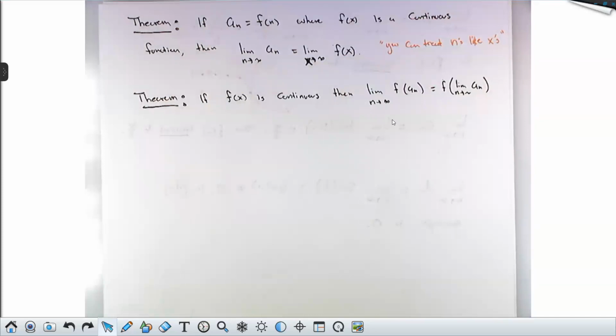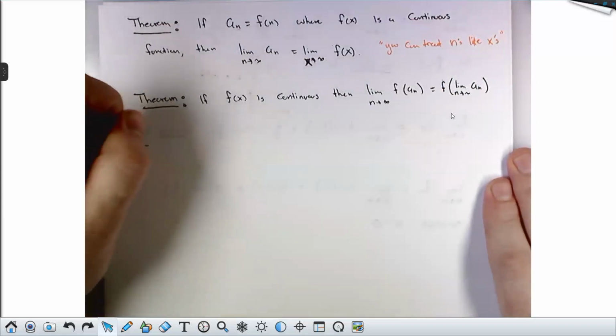Sine is continuous. So you can just take the limit of the inside thing. If you've got a sequence that's made up by shoving a sequence into some continuous function, then you can take the limit of the inside and just f of that will be your limit. These two we've used implicitly already. There's nothing magic going on here. It's just what your mind thinks is true. It's true.